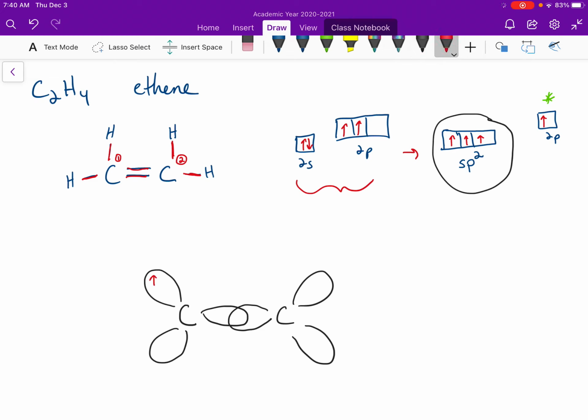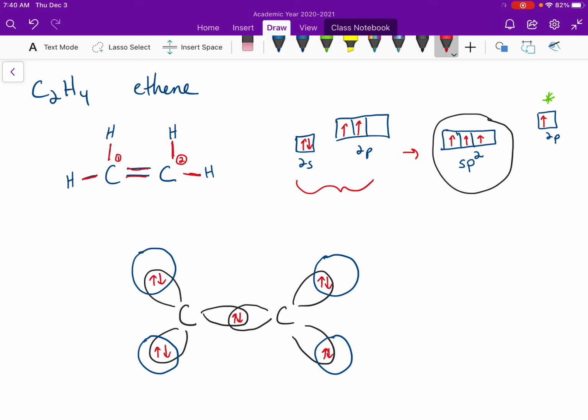Remember, each of those is going to have 1 electron. And then here we'd already have 2 because each one is bringing 1 in there. Then we have our hydrogens, which are going to bring their 1s orbitals over, the spheres. And that's what we have, at least in terms of the skeleton structure.